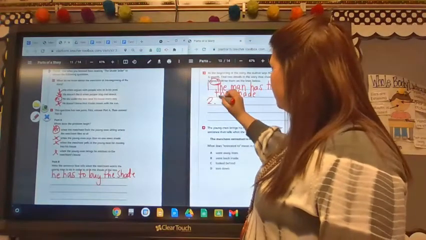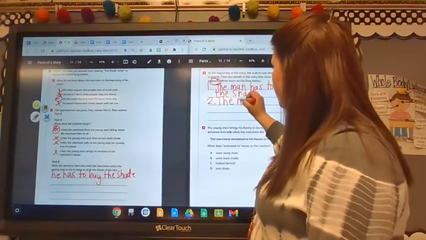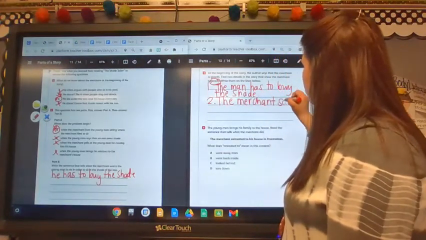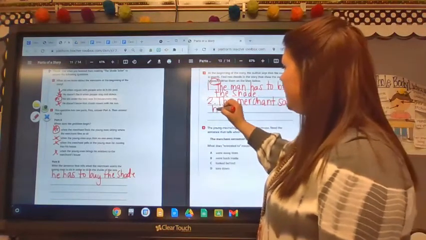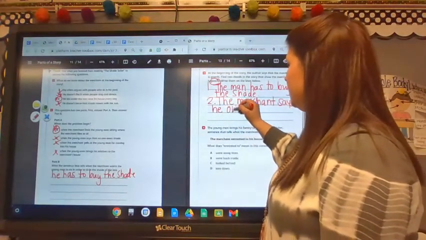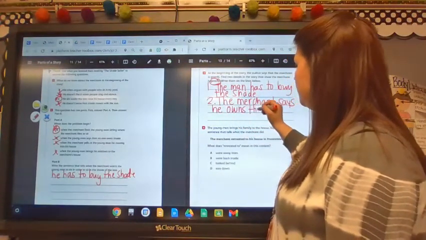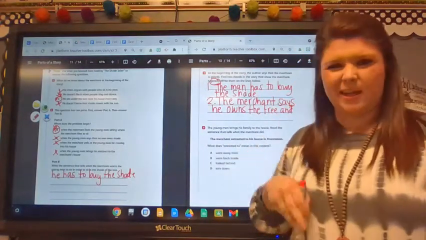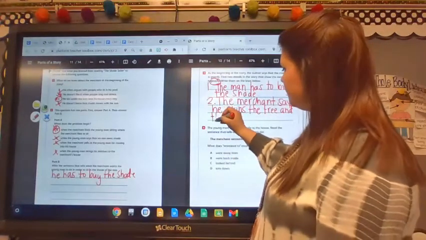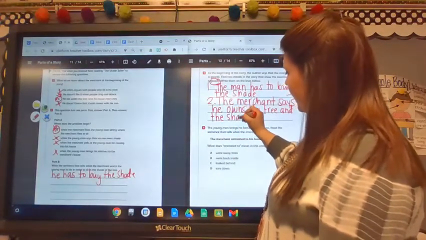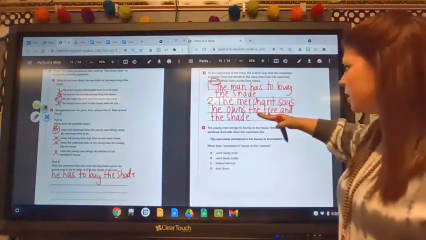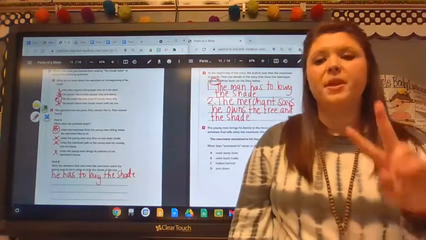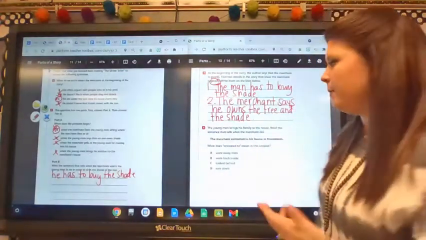So the man, well, we'll say the merchant, says he owns the tree and the shade. He's not willing to share anything, is he? We kind of got those out of order. That's okay. The merchant says he owns the tree and the shade, and then he makes the man buy it. But those are two details that support that the man is greedy.